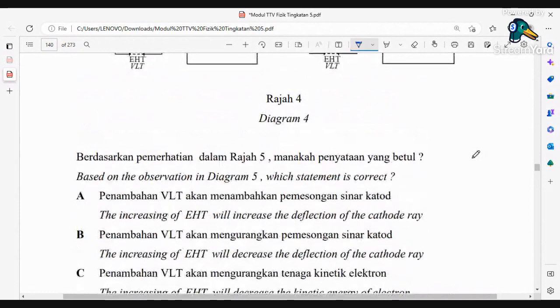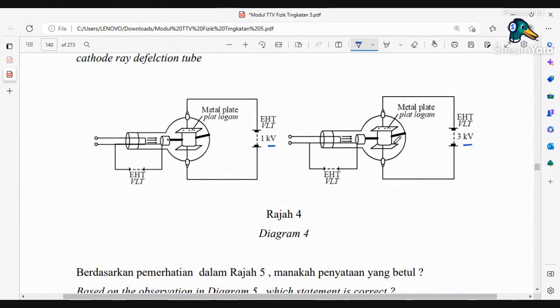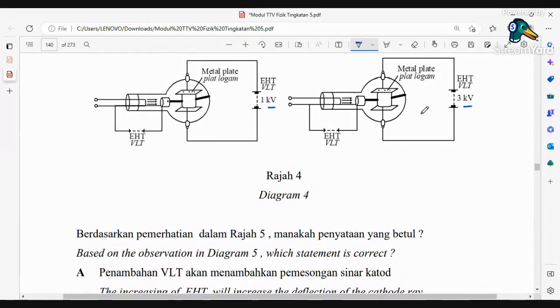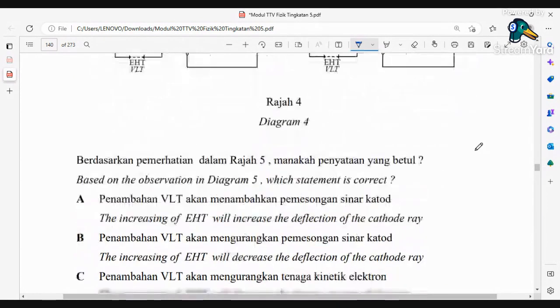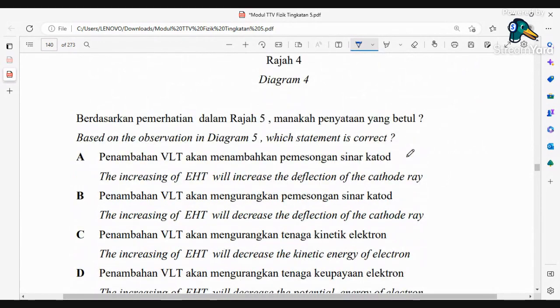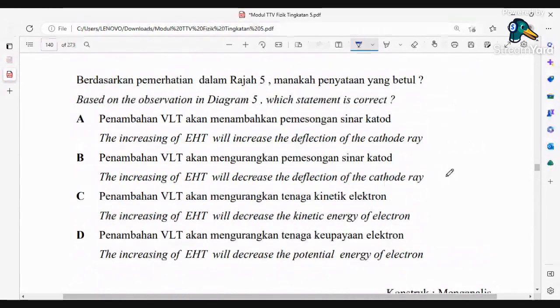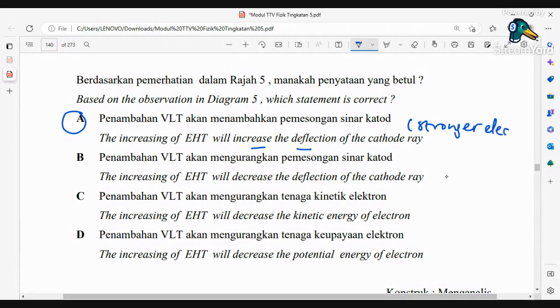When the voltage across the deflection tube is greater, the electric field across the metal plates will be stronger, so the cathode ray will be deflected more. Deflection will increase. So increasing EHT will increase deflection, because of the stronger electric field. I hope you know the definition of electric field.